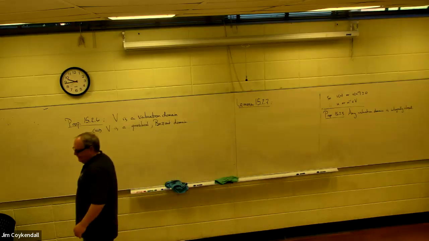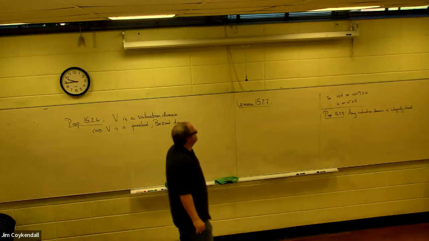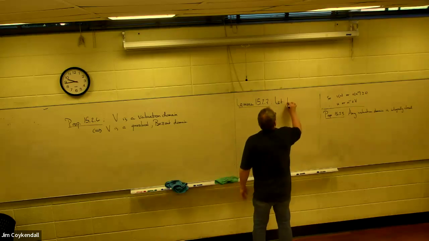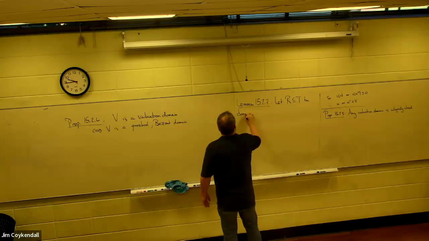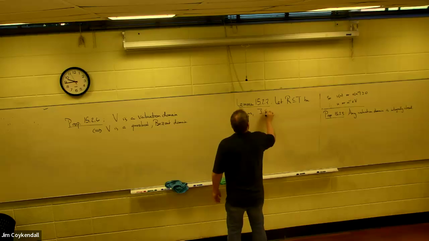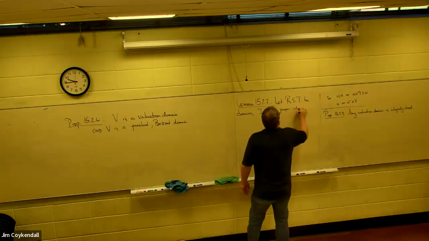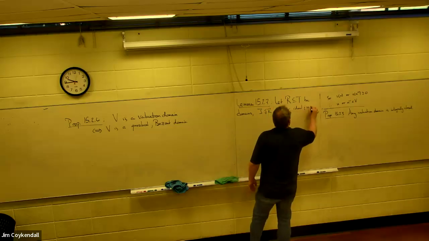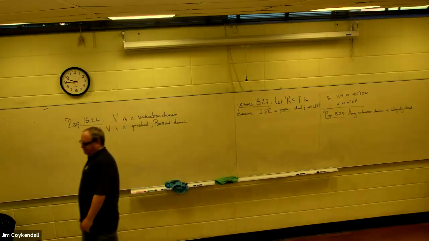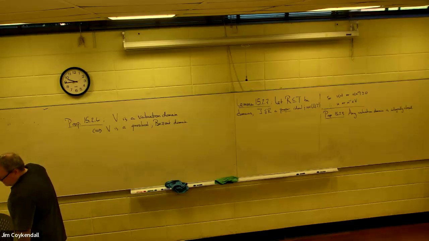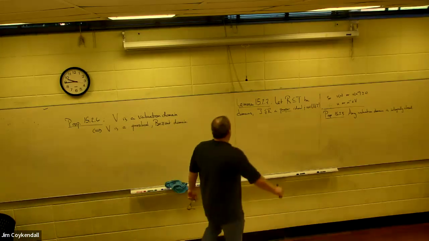Let R inside T be domains, I a proper ideal of R, and u a unit in T. Then I survives in R[u] or R[u inverse].